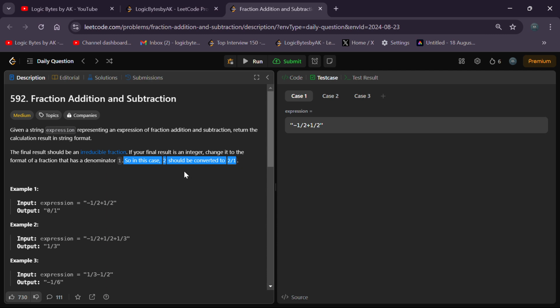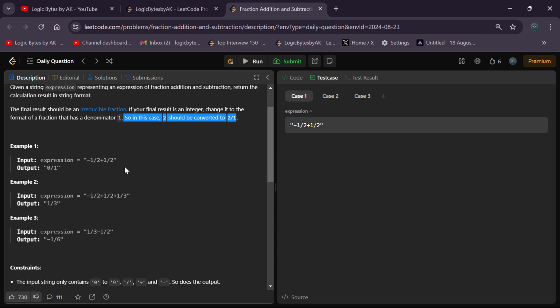So the input is a string and it contains the expression of fractions, and the operations are addition and subtraction. Let's take an example and understand the problem more clearly.